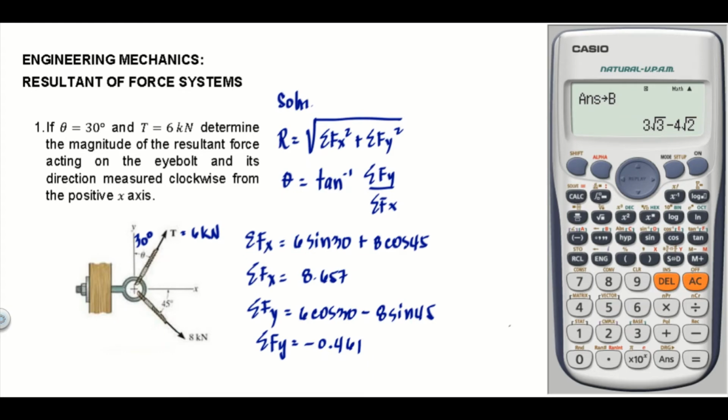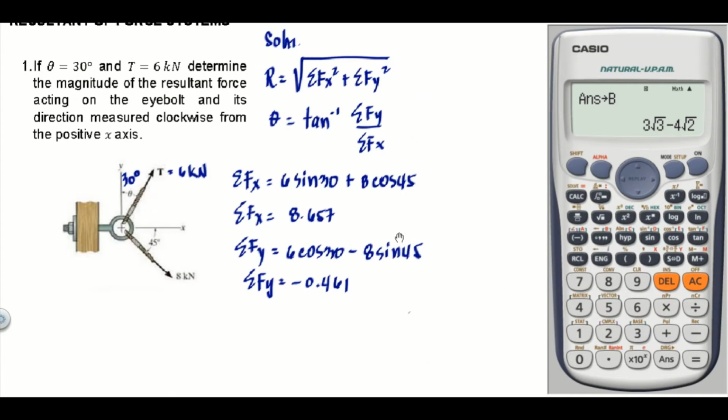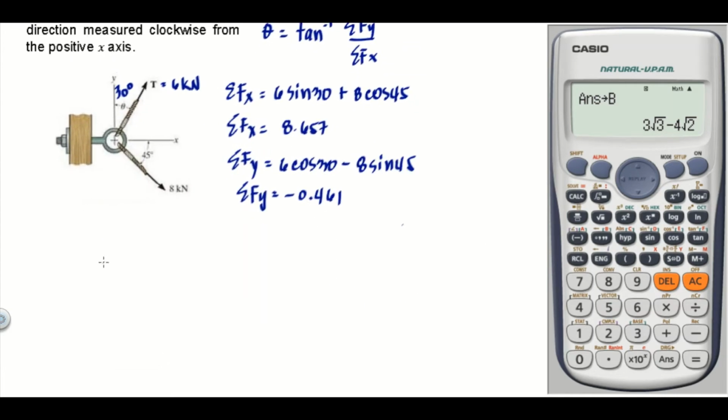Okay, so let's solve for R. Okay, what is R? R is equal to the square root of the sum of the squares of summation of forces along x and along y. Okay, so square root of 8.657 squared plus negative 0.461 squared.